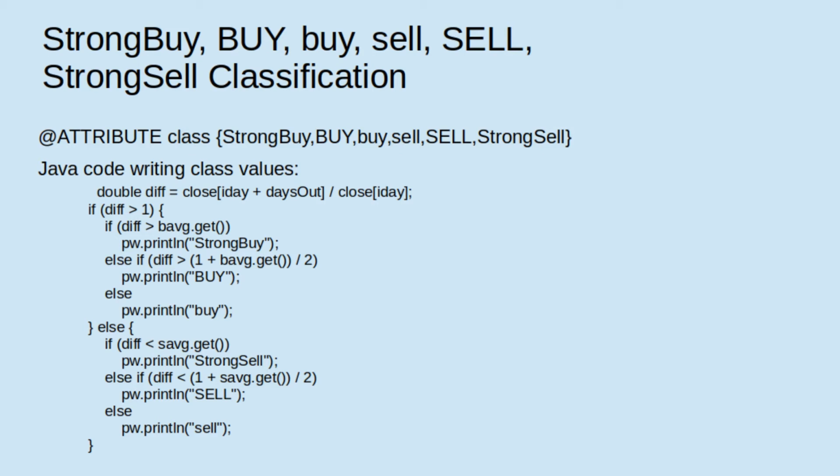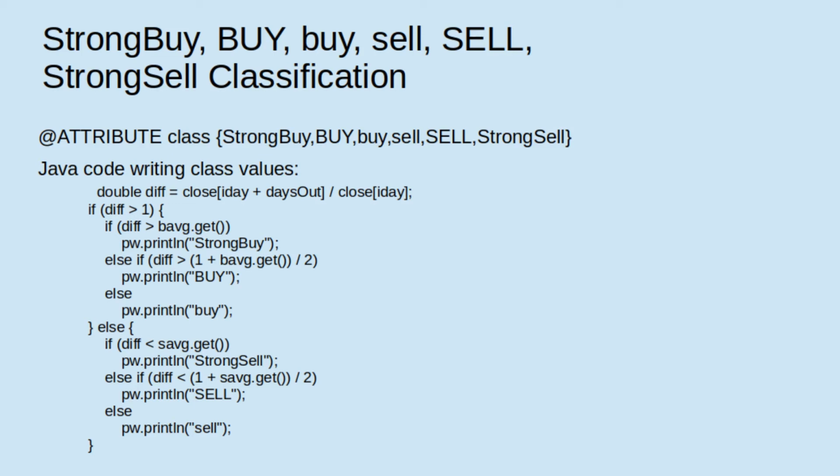If the difference is greater than the average, we're going to make that a strong buy, which in the previous case was just a capital buy. Capital buy now becomes the midpoint between 1 and the halfway point of the average buy situation. And if it's less than half of the average, then it's simply a small buy.